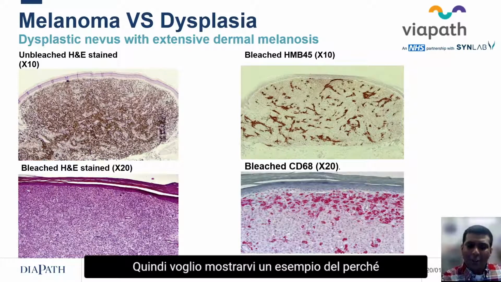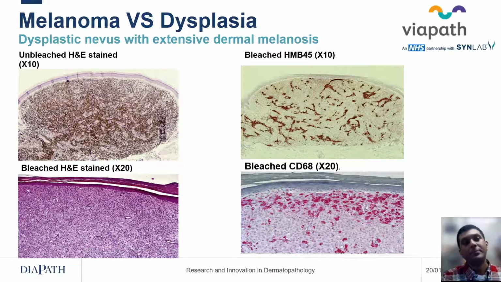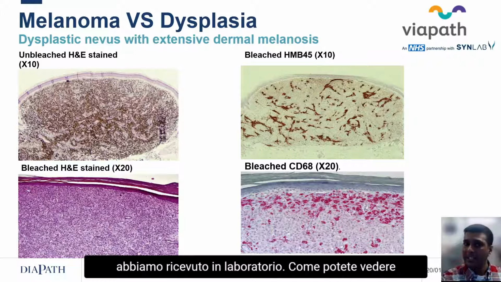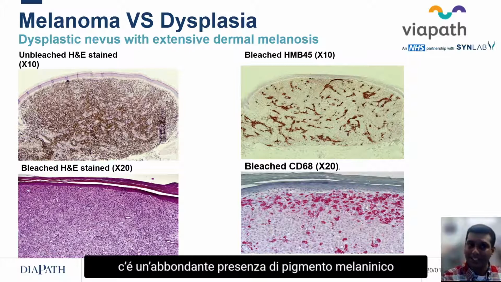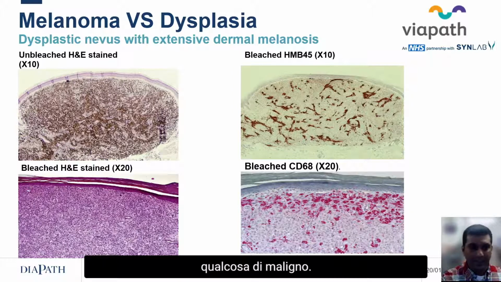So I want to show you an example of why removing this melanin is vital to make a diagnosis. So here is an example of a lesion that we received in the lab. You can see from here that there's extensive melanin pigment deposition in the lesion. So one could assume that this must be something sinister or a malignant disorder.